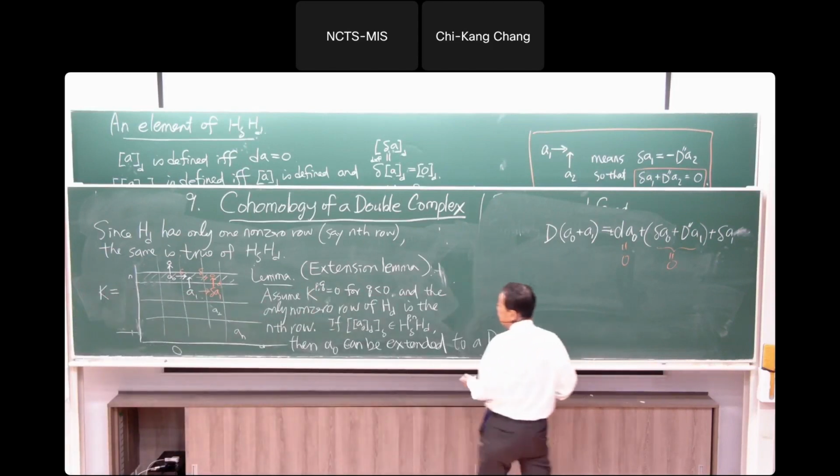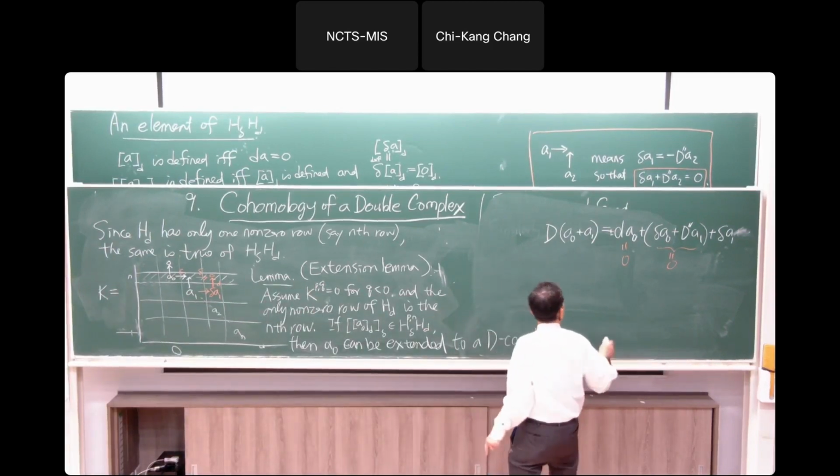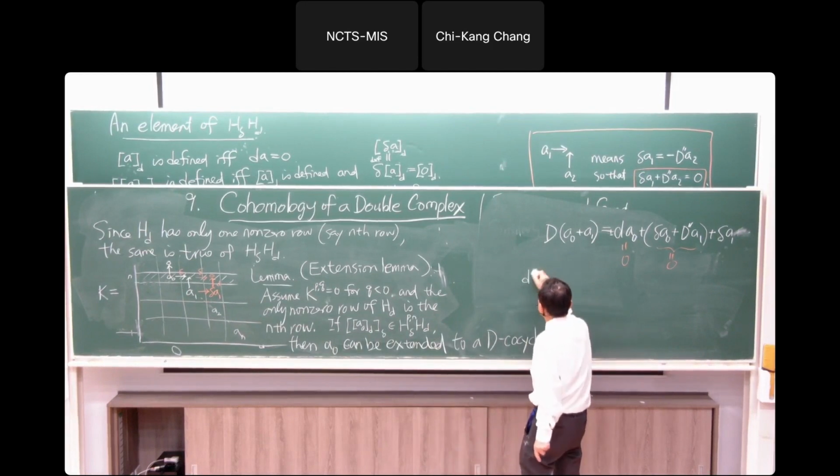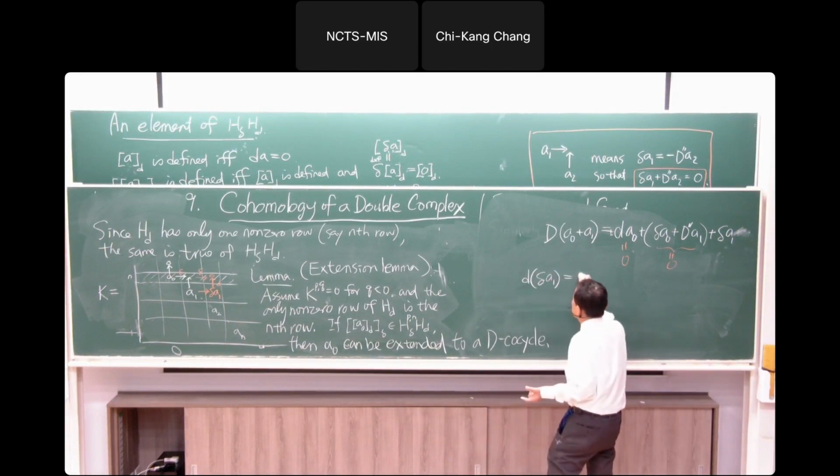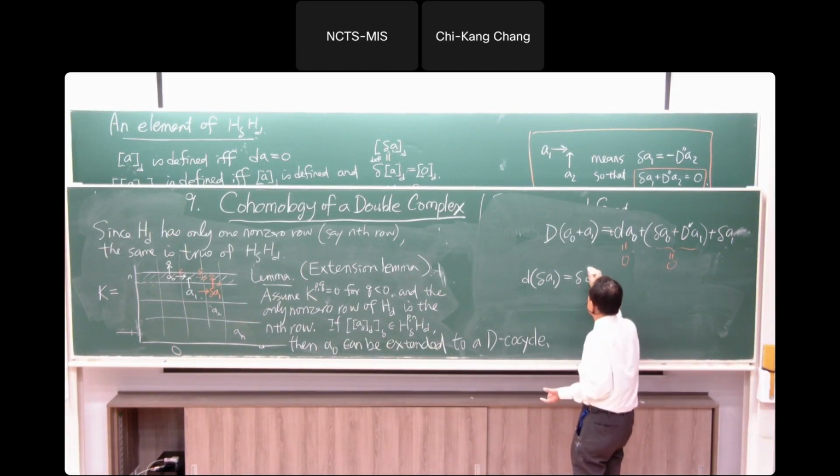I mean, it's obvious from the picture, but you can prove it by writing down the equation. d of delta A1 is delta of dA1 because they commute.